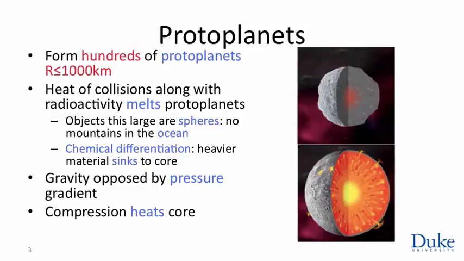And then the other important thing that happens at 1,000 kilometers when things melt is something called chemical differentiation. These initially roughly uniform objects, where various elements were scattered haphazardly depending on when they were accreted throughout the object, become segregated because once an object melts, then the heavier elements, iron, nickel, sink through the lighter silicates, down towards the center, and one forms a chemically differentiated object where there forms a core which is rich in the heavier elements, iron, nickel, etc., along with an external envelope, which is the silicates, and a much cooler crust.